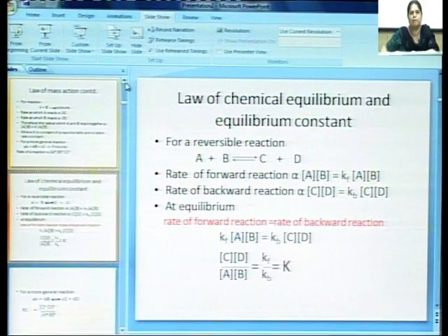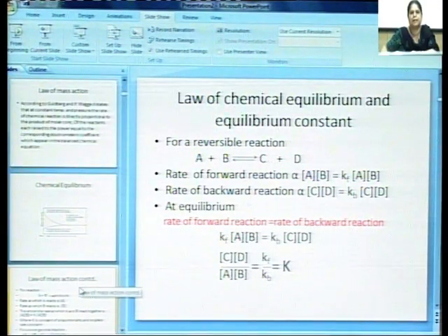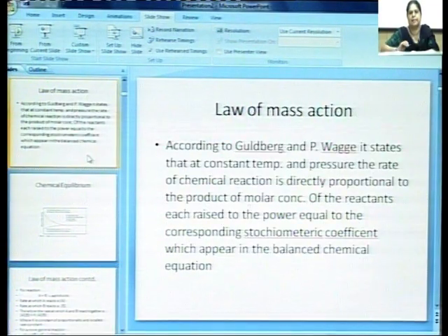The law of mass action states that the rate of a reaction, the rate at which the reactants get converted to products, is directly proportional to the product of molar concentrations of the reactants, with each concentration term raised to the power equal to the corresponding stoichiometric coefficient which appears in the balanced chemical equation.